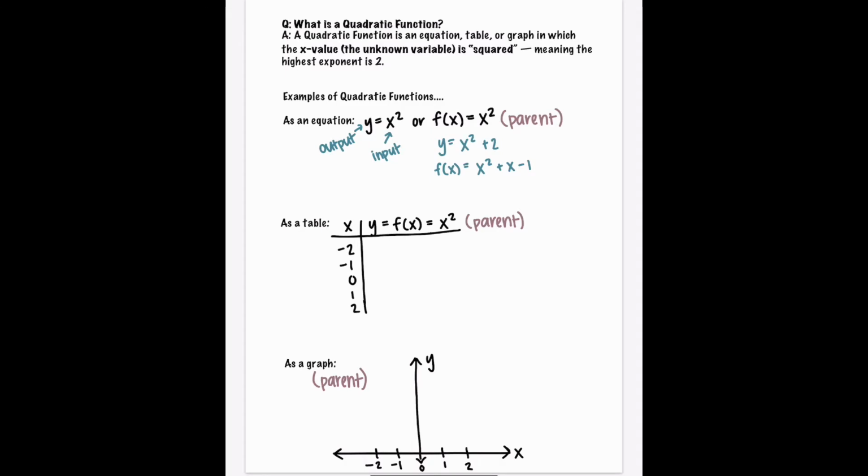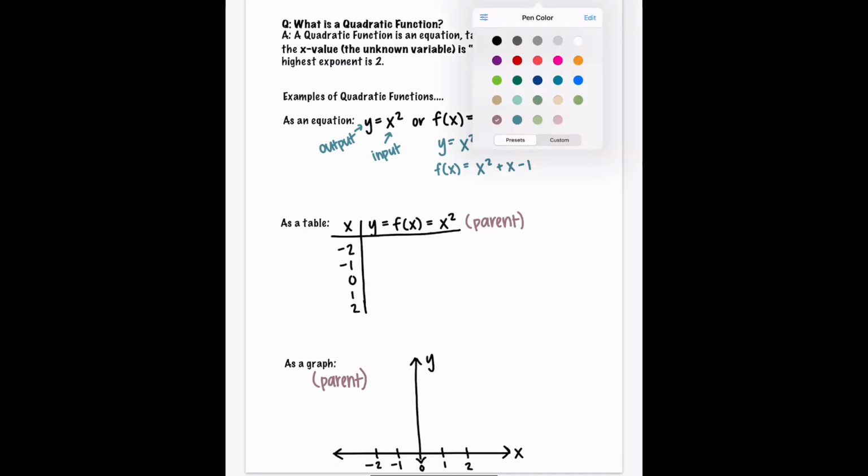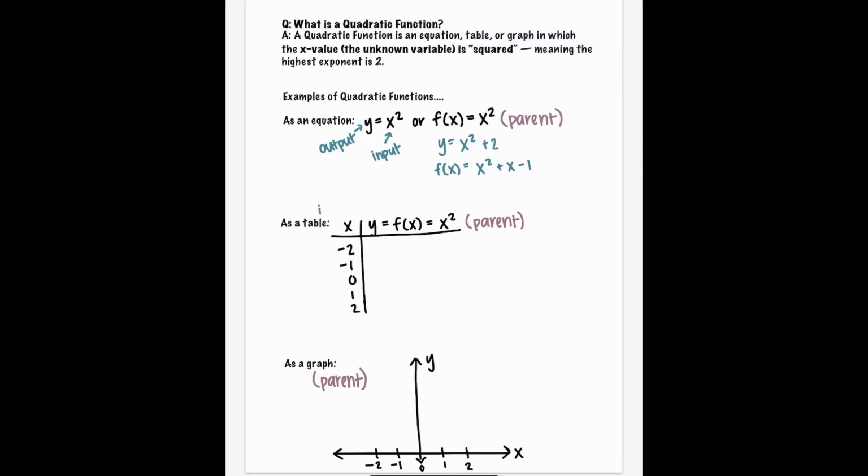Now let's look at the table of a quadratic function. So remember how we called x the input, and y was called the output? So if I put x into this function, let's say I have x squared, the parent function, then I would simply put x, which is negative 2, into the function.